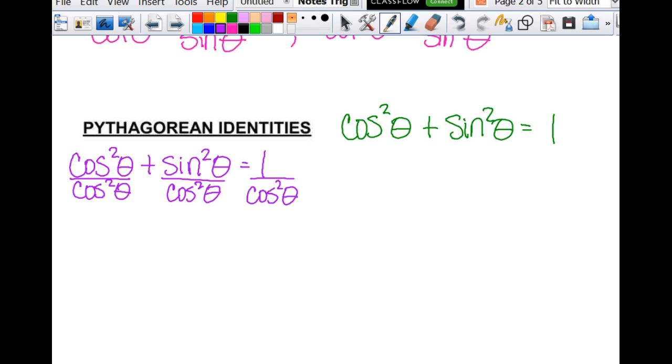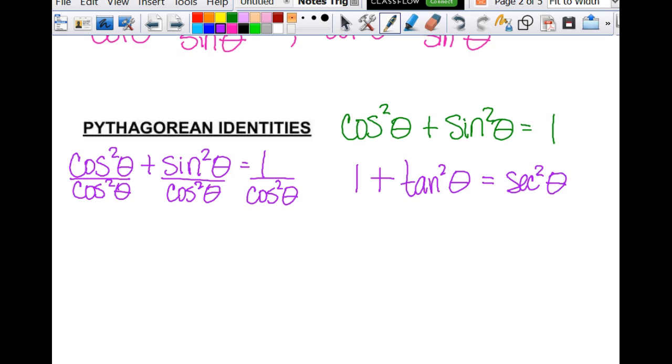What's cosine squared theta divided by cosine squared theta? 1. So this gives me 1 plus, what else could I put instead of sine squared theta over cosine squared theta? Tangent, good, tangent squared theta equals, what's another way to write 1 over cosine squared theta? Secant, good. So secant squared theta.